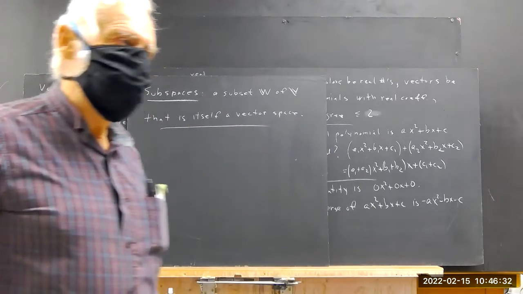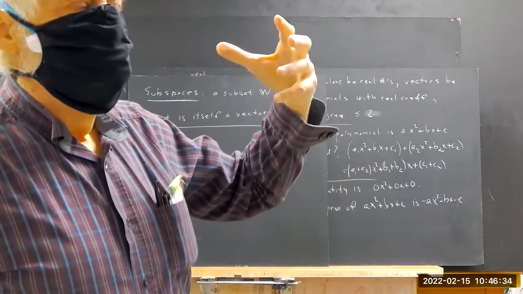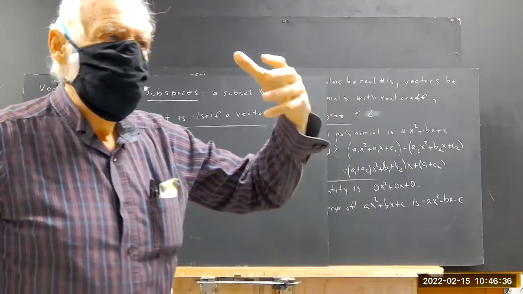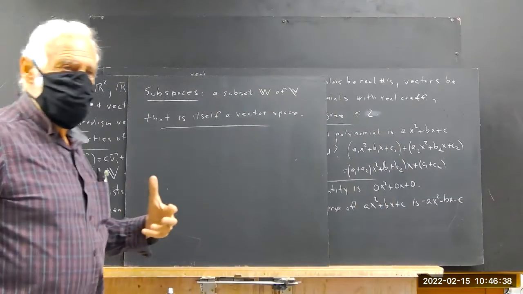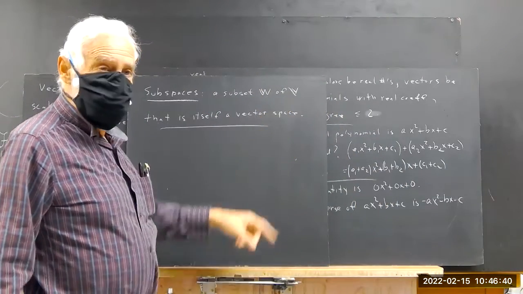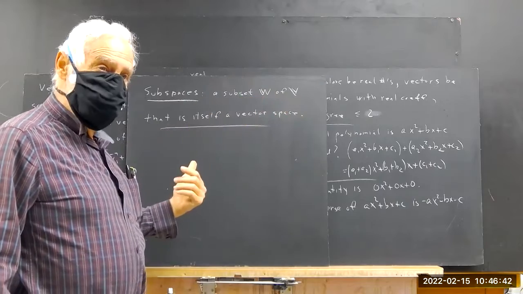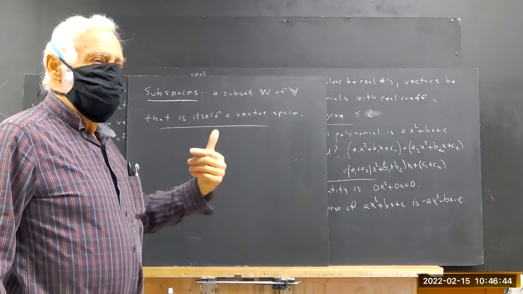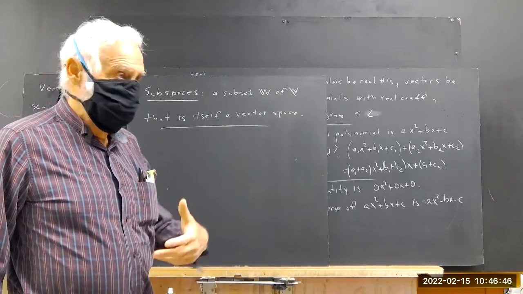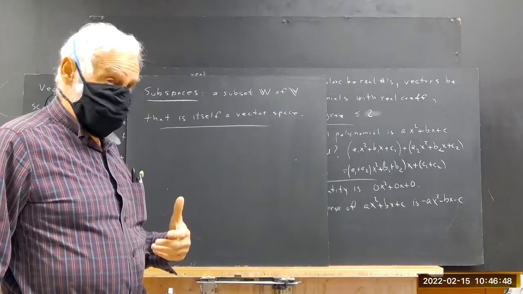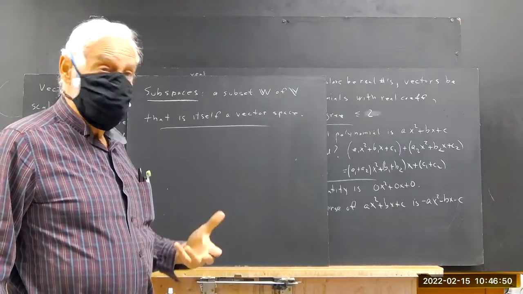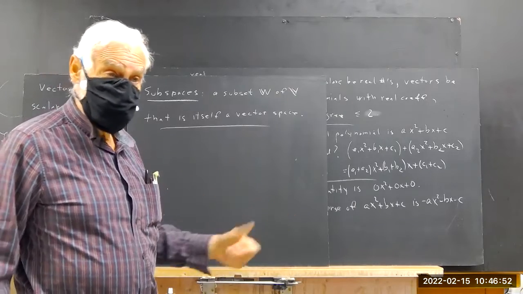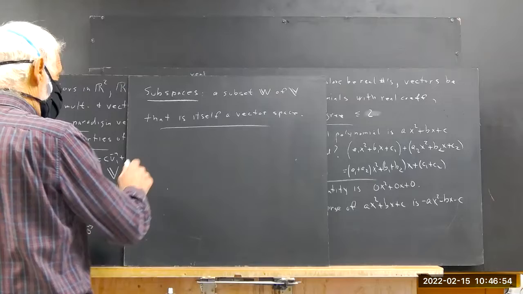Now it turns out you don't have to prove every axiom to prove that something is a subspace, because if it's in the vector space, it's going to inherit a lot of the properties of the vector space. Doesn't mean it inherits something like closure. So let's check closure.